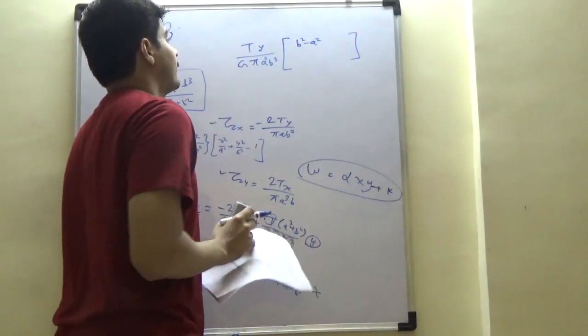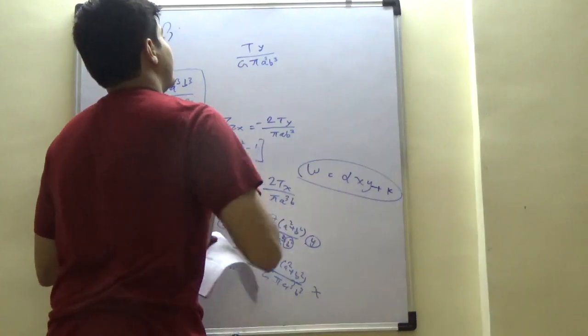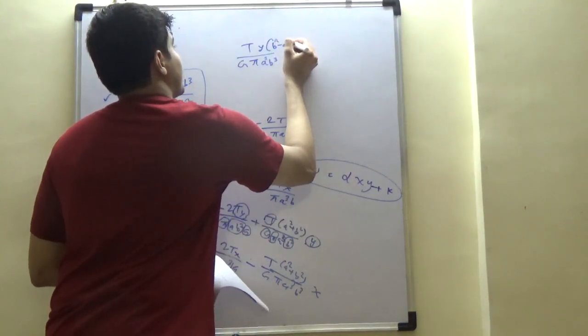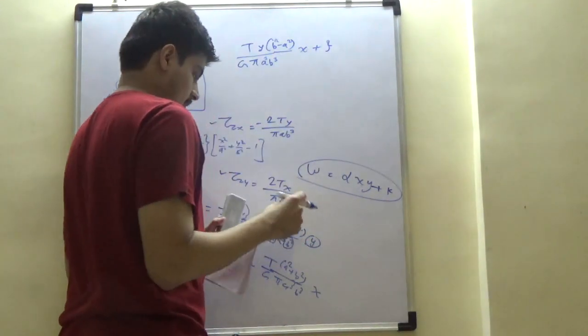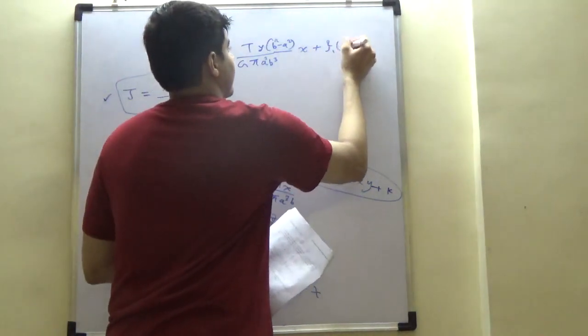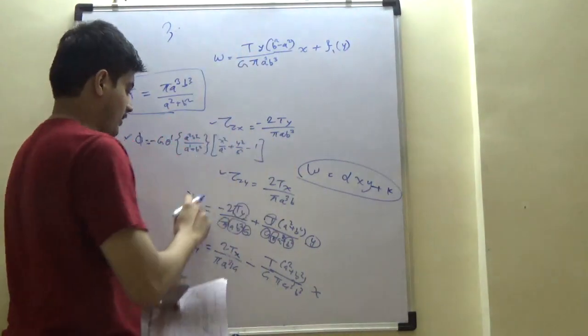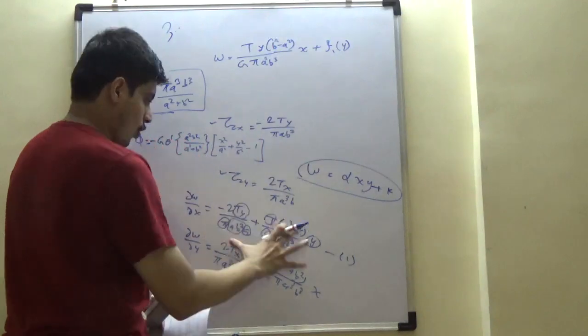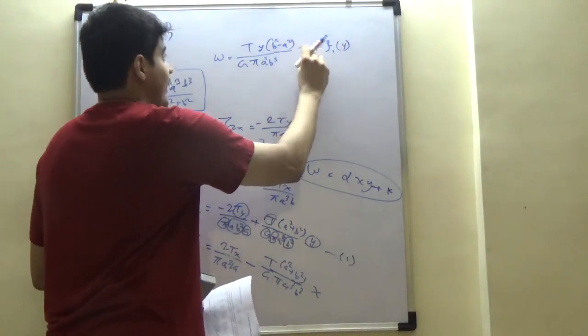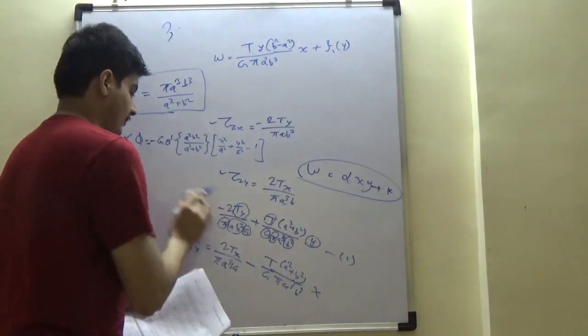Now this can come out. Now it is a much easier form to handle. B square minus A square x plus some constant y. So W from this first equation will give me, on integration, all this constant which has come out, into x plus f of y, some f1.